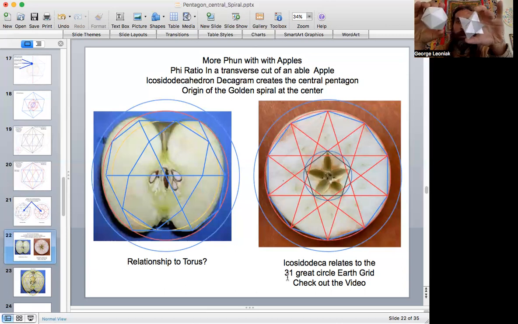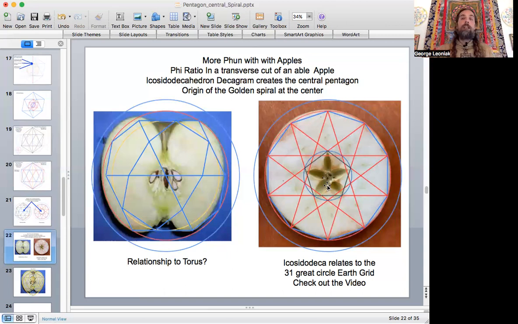I mean, maybe it's both, of course, but the way that I see this, I'm seeing it now in the apple and the torus shape here, with the pentagon at the center of it, as well as the Earth grid video of the 31 great circles that's been researched by scientists like Buckminster Fuller and Russian scientists, putting the whole spherical Earth into an icosahedral framework that has the vertex at the north and south poles.